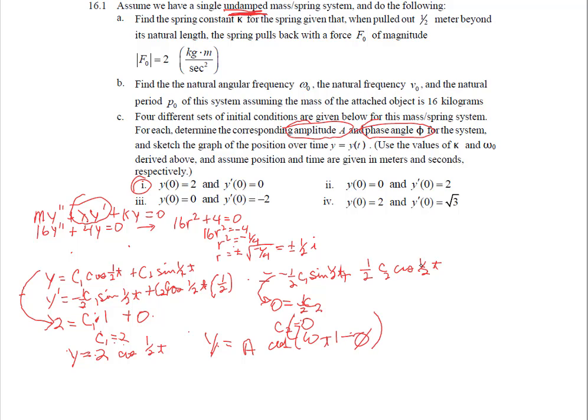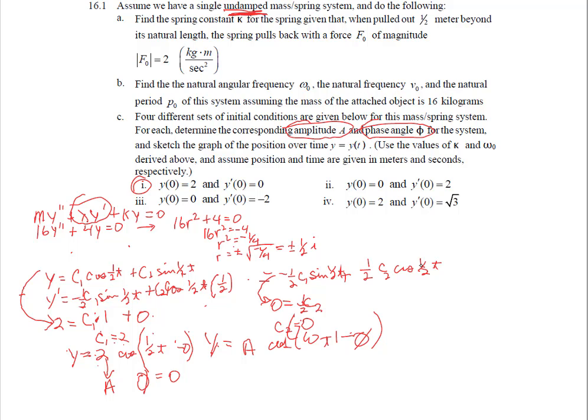So that phi is our phase angle that we're looking for. Well, this is already a 2, so a is 2. Cosine, this is going to be 1/2 t minus 0, and so our phase angle would be 0. So a would be 2, and phi would be 0.